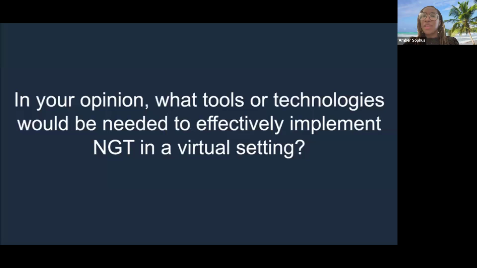And you can think about the same things that you need to do a focus group online as well. Because remember, that discussion part is very qualitative. And you're leading the discussion, you're guiding people through answering the question. So the same thing you would technically need in a virtual setting for a focus group or an interview is almost mimicked when doing NGT in the same setting.